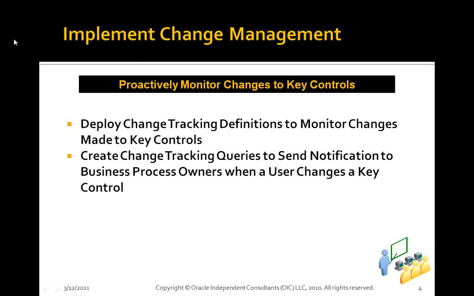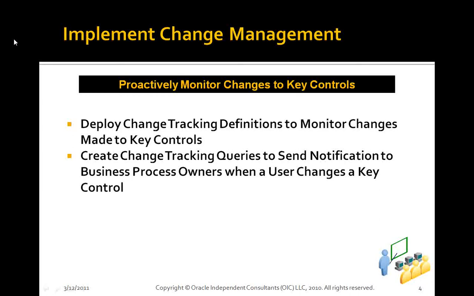Implement change management. Oracle Configuration Controls Governor is also a very good solution for change management, especially if you have installed Release 11i or Release 12 of the Oracle applications. You can use the auto-generated baseline change tracking definitions to quickly deploy a change tracking solution, i.e. a tool to facilitate change management in the development and/or test EBS instance.